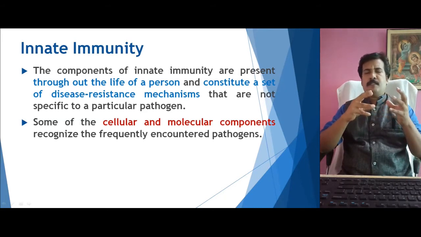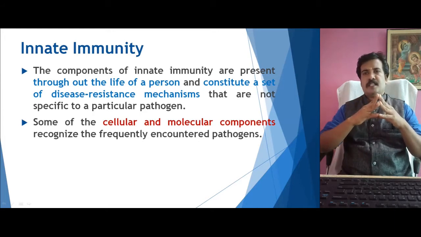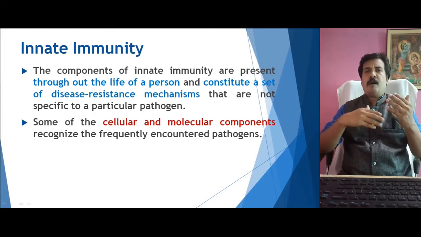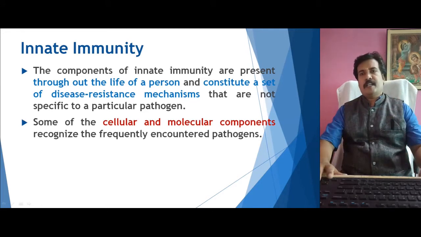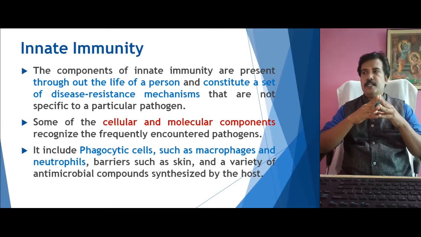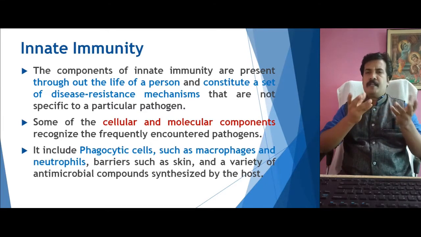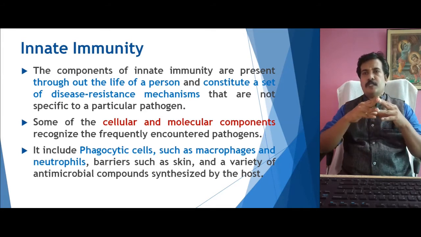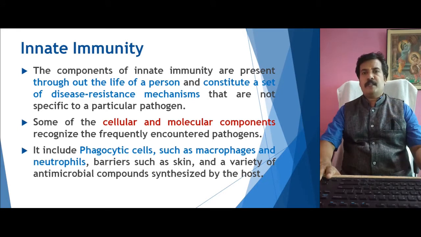These are less specific in nature. These components generally include macrophages, neutrophils and natural killer cells. These are present along with the barrier of the skin and the mucosal membrane and produce certain antimicrobial components such as mucus secretion. Sometimes our physiology, like gastric acid secretion, is also considered a part of the innate immunity.